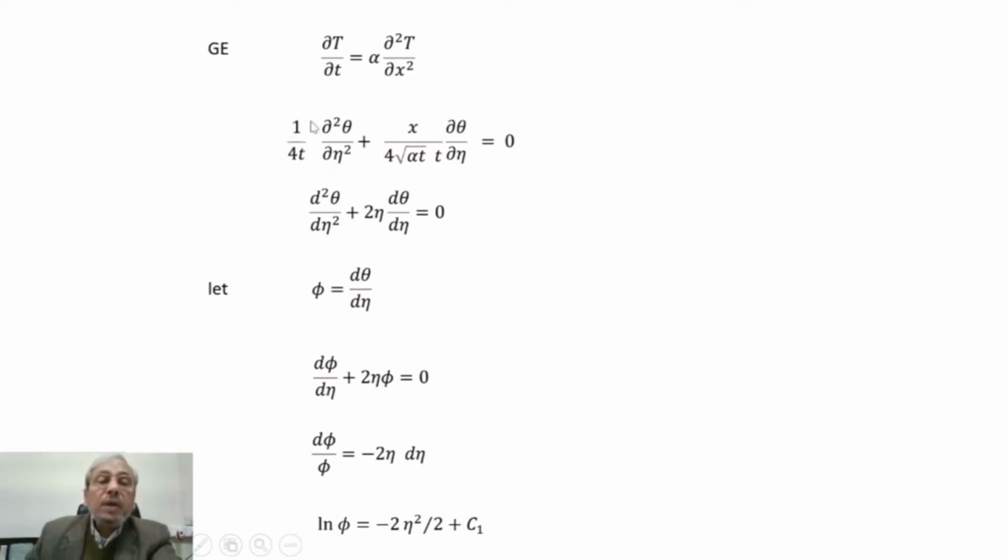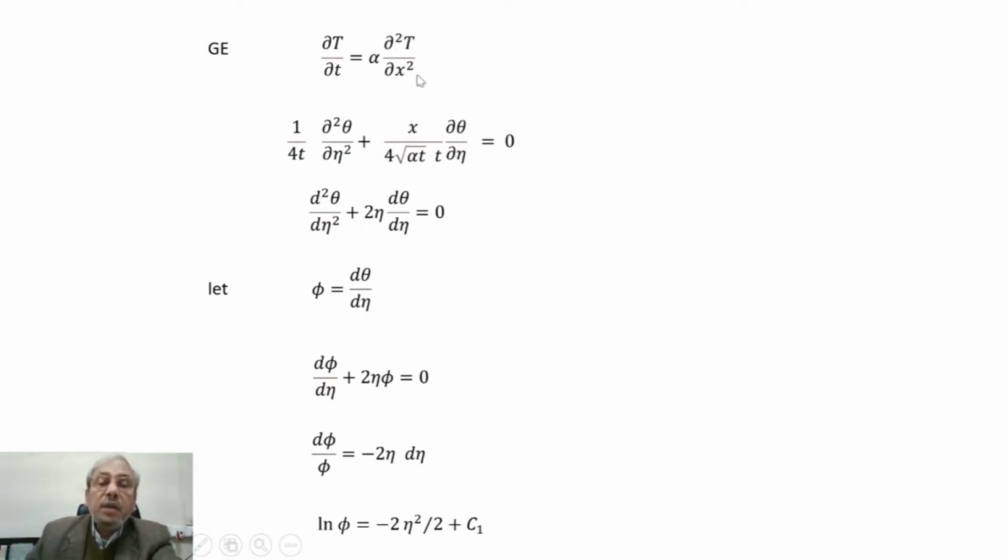So we can write now 1 by 4t del 2 theta del eta 2 plus x divided by 4 root over alpha t into t del theta del t.